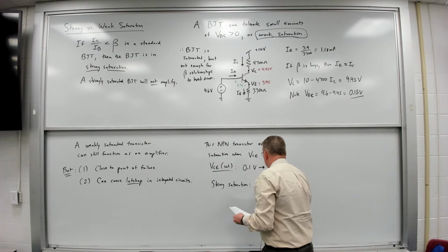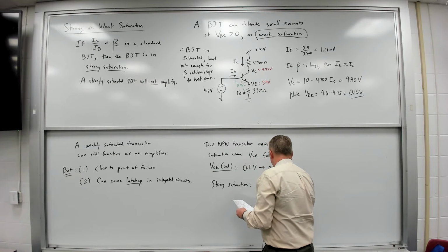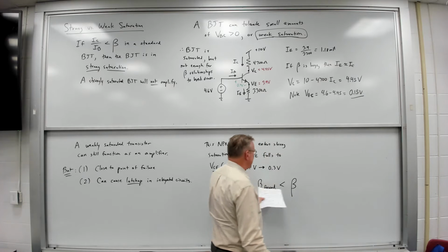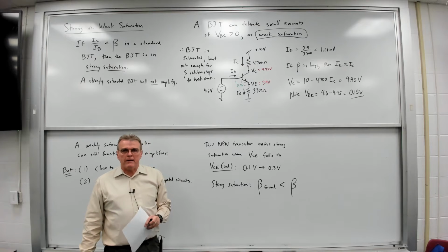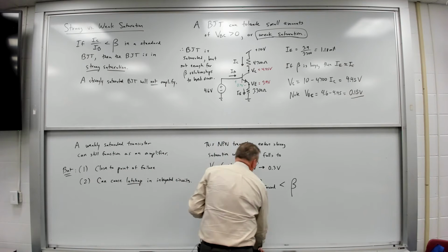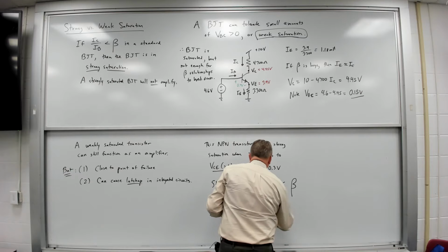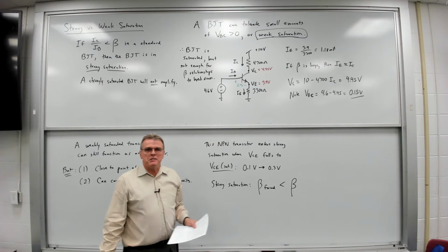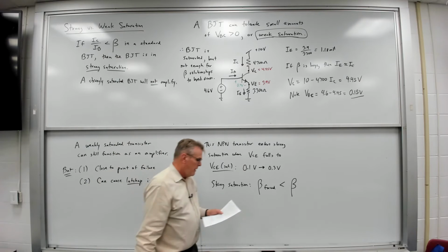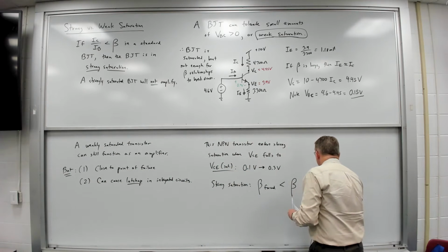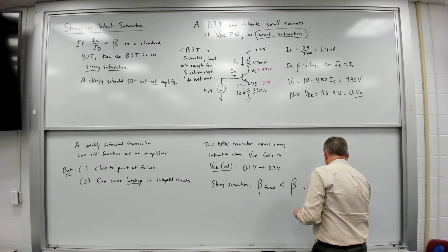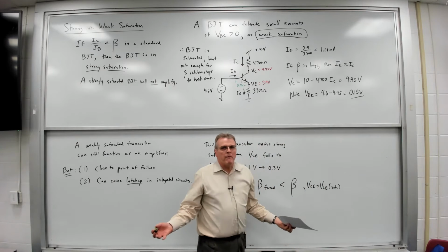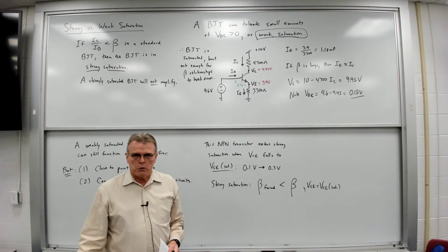In strong saturation, our forced beta is going to be less than the intrinsic beta of the transistor, as we've already talked about. And VCE will be equal to VCE sat. And I want to emphasize this VCE sat value is typically going to be provided to you. You're going to be told what the saturation value is.